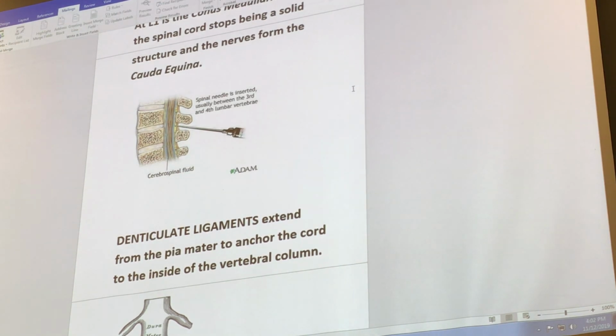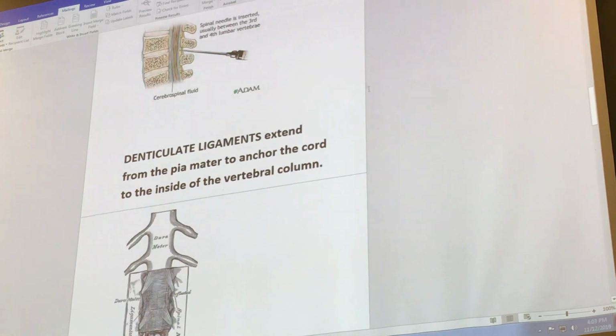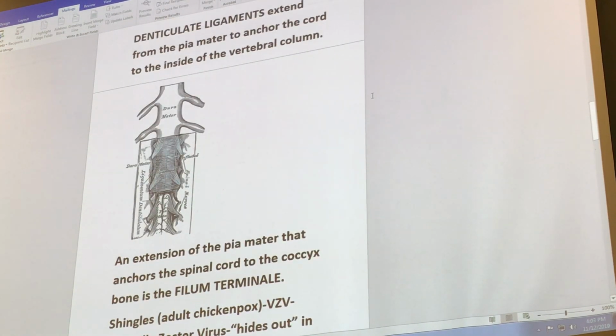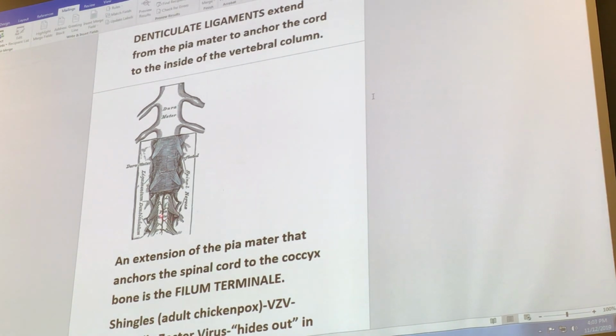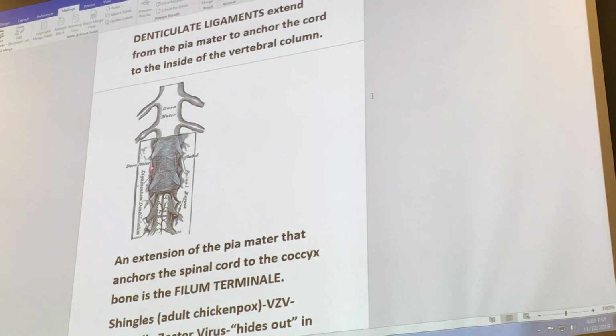Yeah, denticulate, tooth-like ligaments. These are also an extension of the same thing as that filum terminale from this pia mater, the connective tissue layer of the meninges, the meninx, that's stuck right to the spinal cord. So these denticulate ligaments stick out, and they help to also anchor the cord inside the vertebral canal. So if you take a look here, there's the cord, and each one of these little, see ligamentum denticulatum right there?